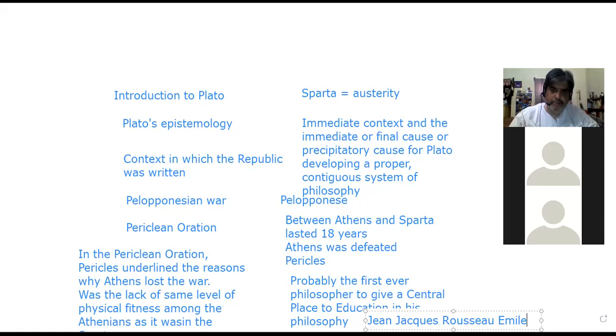I'll deal with that in detail when we reach Rousseau, in which Rousseau talks about Emile being the imaginary student whom he is educating about the values that one should inculcate in life.